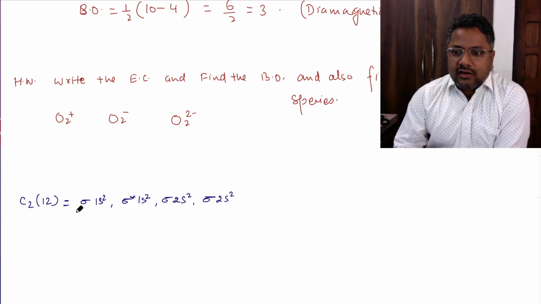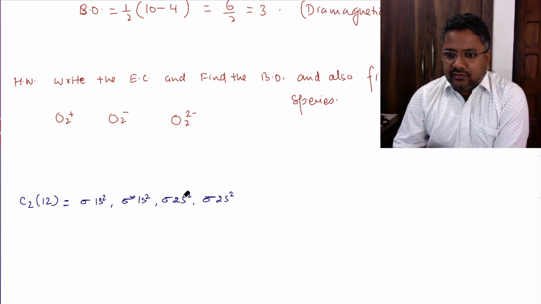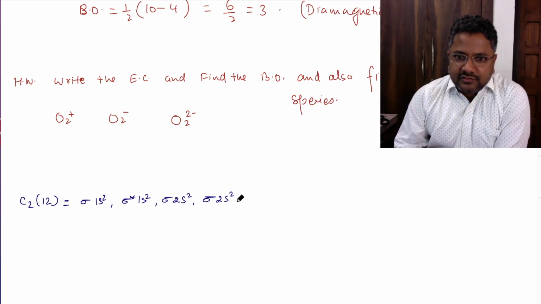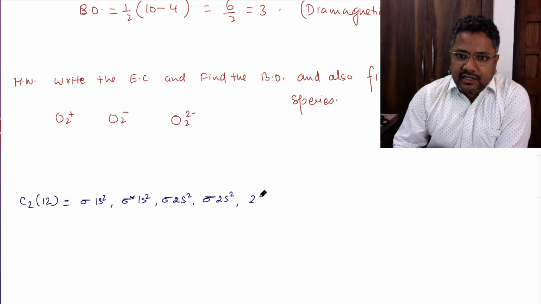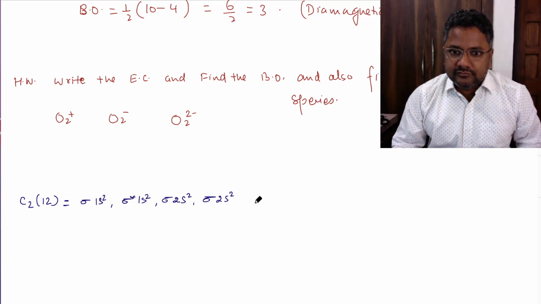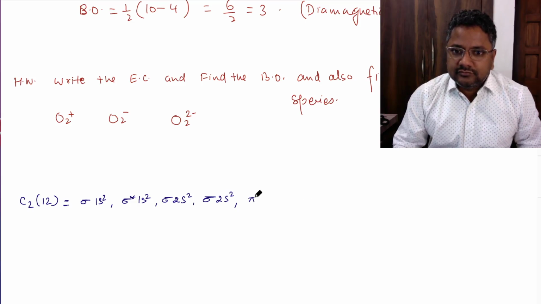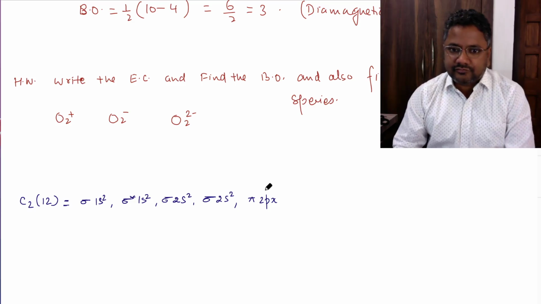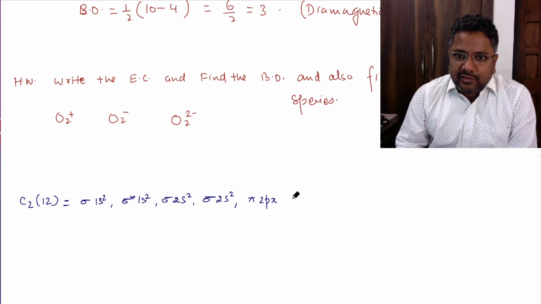So what order should we follow? We should follow the order less than 14. So pi, degenerate orbitals, pi 2px, pi 2px, right? And pi 2py.